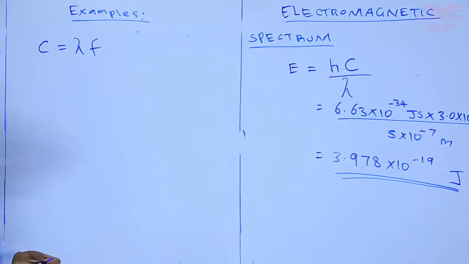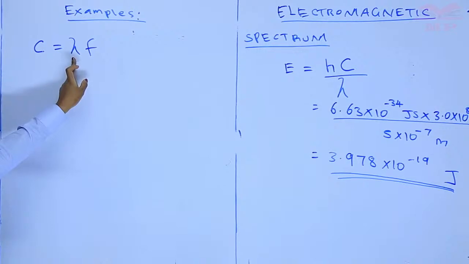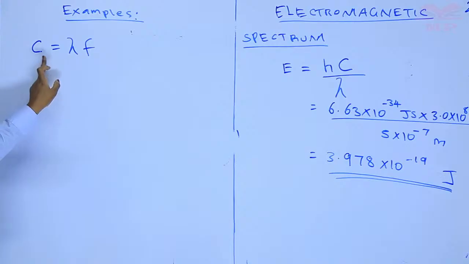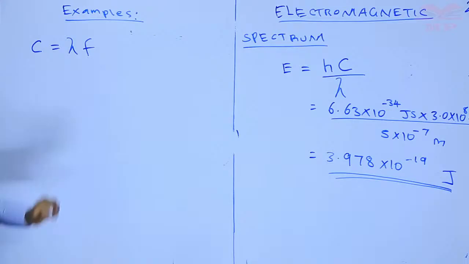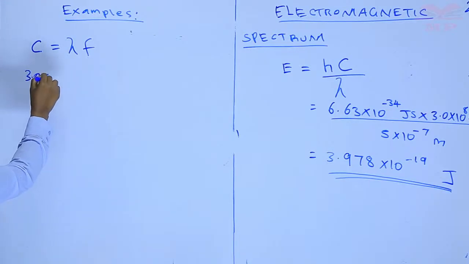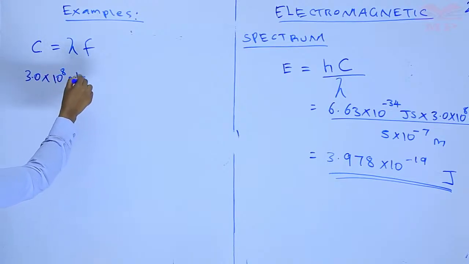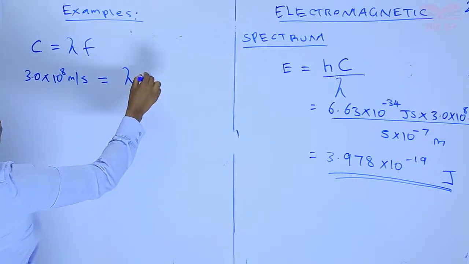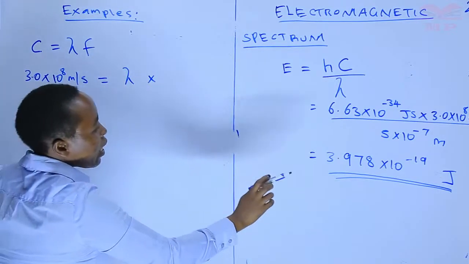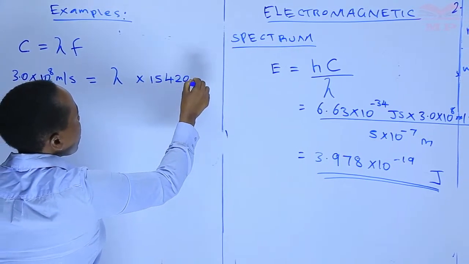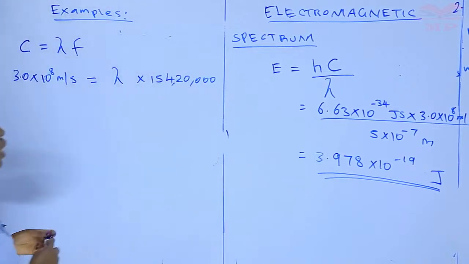In our question, we want to get the wavelength. We can make it the subject of the formula, or simply we can just substitute what we have. So we have our c as 3.0 times 10 power 8 meters per second is equal to wavelength, which is in question, multiplied by the frequency, and the frequency is 15,420,000 hertz.